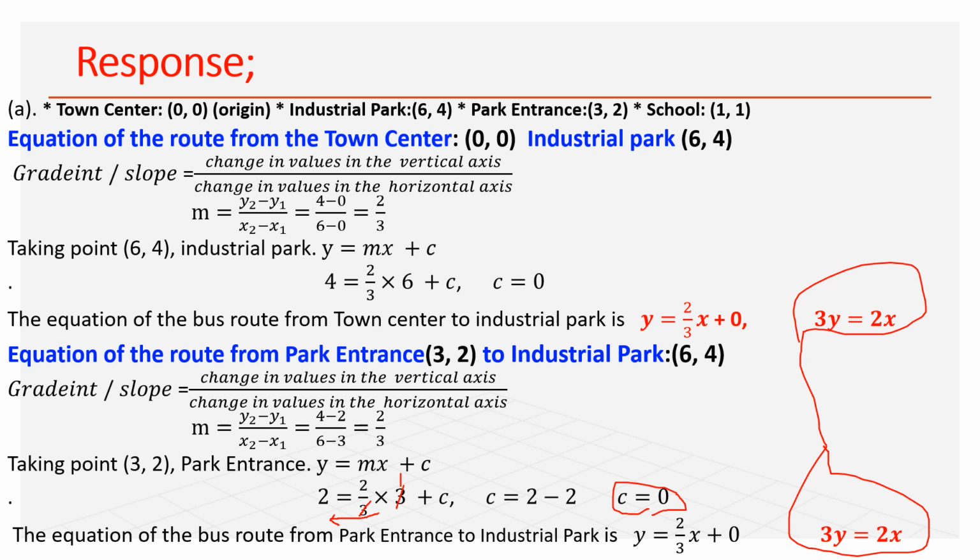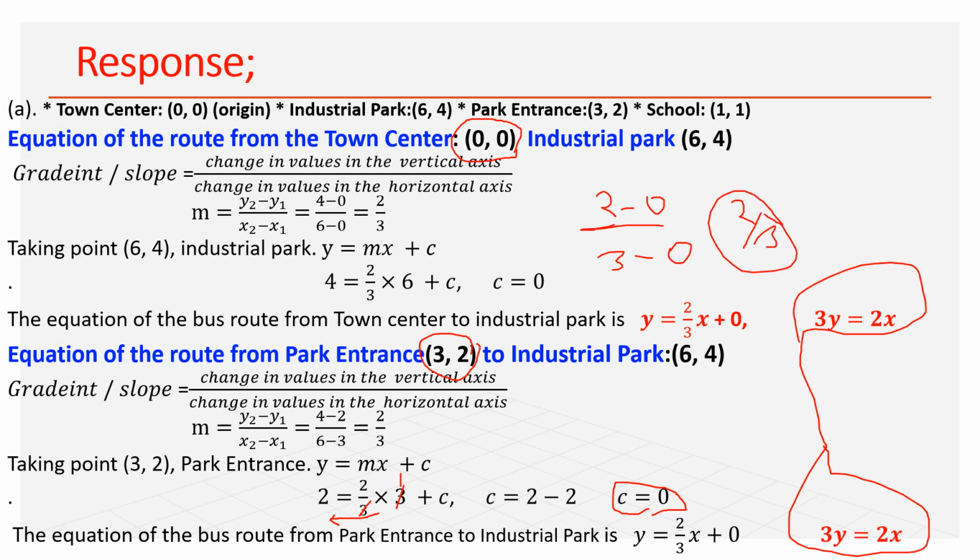Meaning, if you sample the town center and the industrial park, these two coordinates, you will get the same gradient, because y2 will be equal to 2 minus 0, then I'm looking at the gradient, then 3 minus still 0. So this will be 2 over 3.